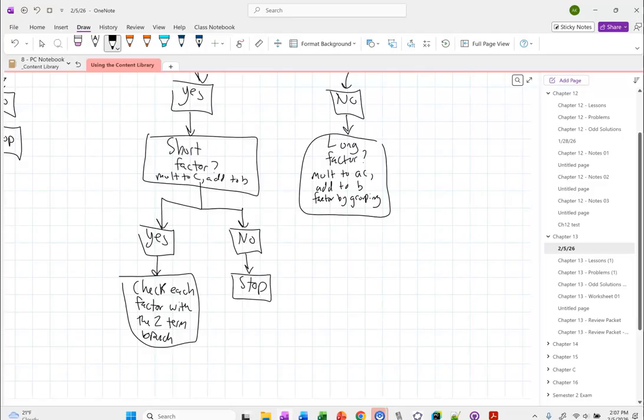Just kind of outline that process there for you guys. You should remember that. That usually gives Algebra 2 students pull some hair on those ones because it's a little bit trickier. So if we can do that, just like before, then we have to check each factor down the two-term branch.